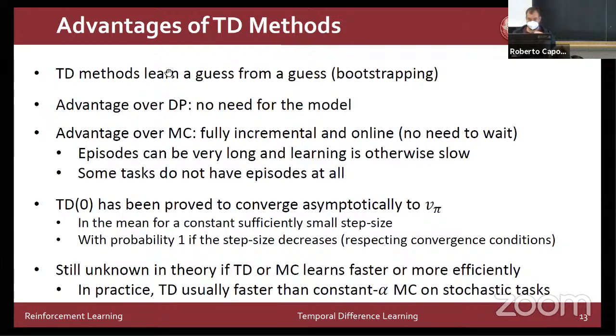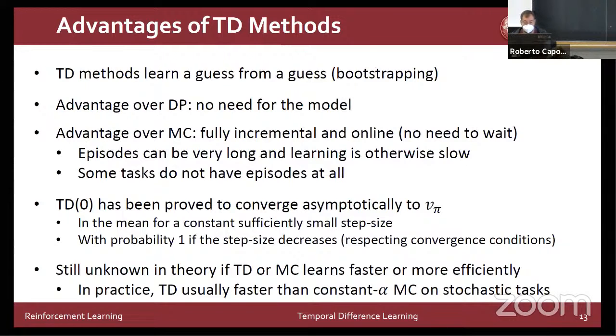Okay, so what are the pros and also the cons of temporal difference methods? By the fact that temporal difference learns a guess from a guess, the advantage over Monte Carlo methods is that it's fully incremental and online, so you don't need to wait for the end of an episode.